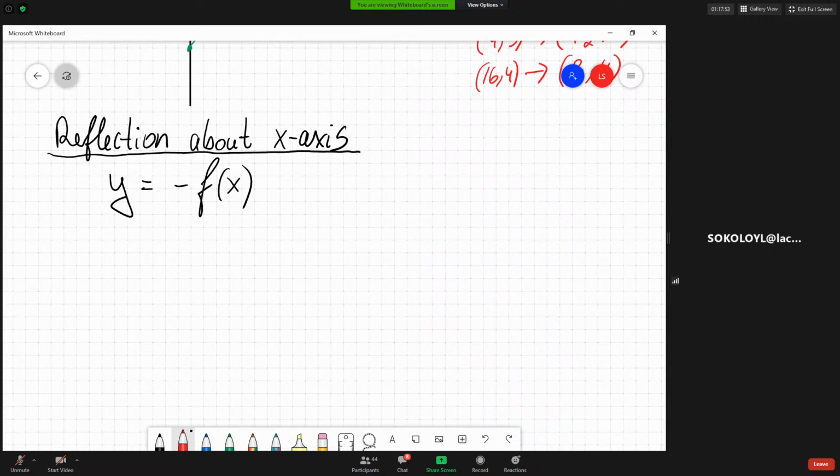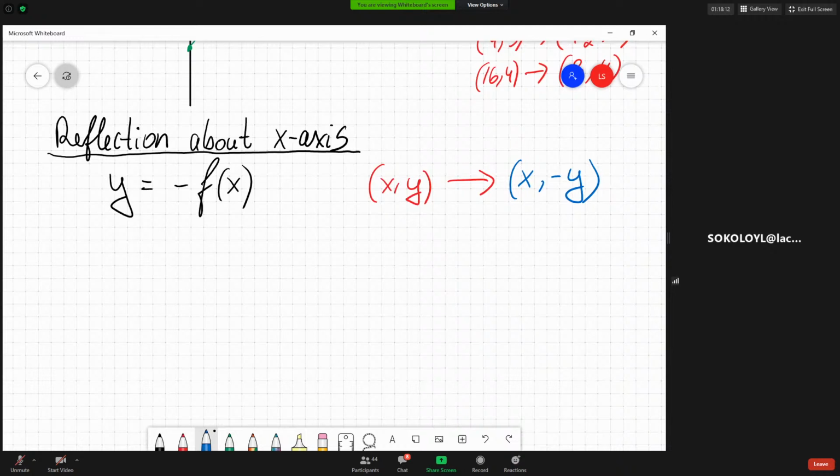And as far as ordered pair goes, if I have a point x comma y, and I apply this reflection, the new point would be x would stay, and only the y value would get moved over. So x comma negative y.